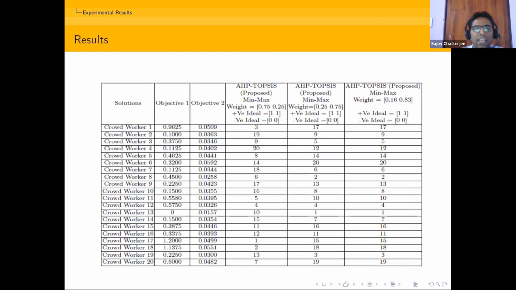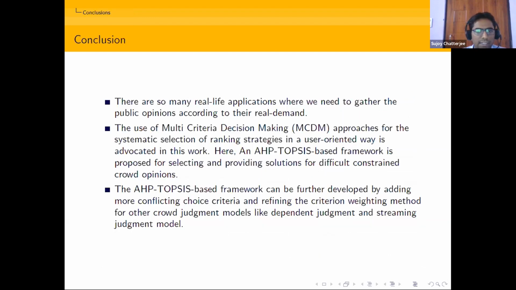After that, you can give the weights and find the better solution from these crowd workers. These are the different results. In conclusion, we have prepared this data set. But this is a kind of independent opinion from the crowd worker.